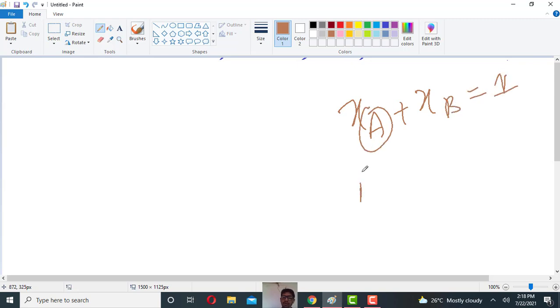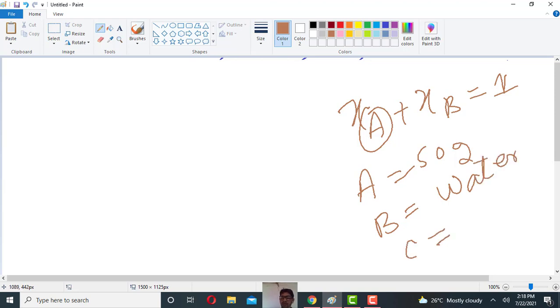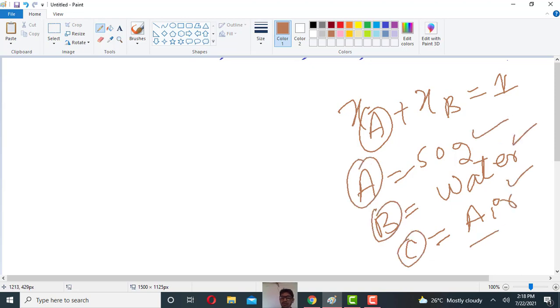Component A is sulfur dioxide, component B is the water, and component C is the air.